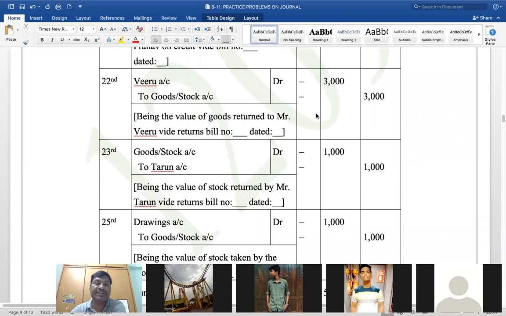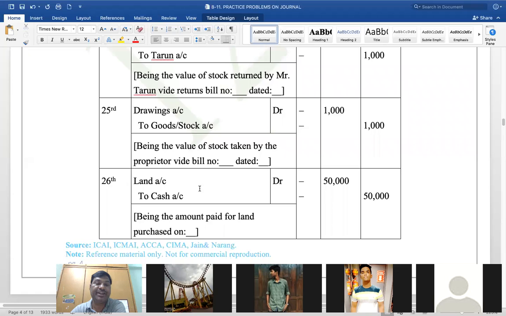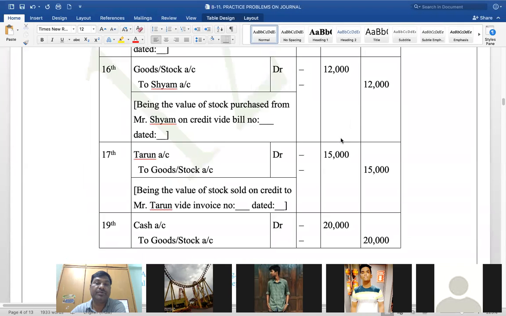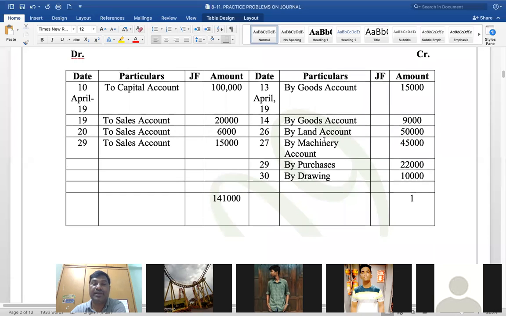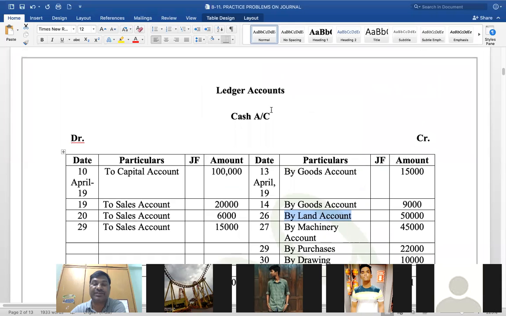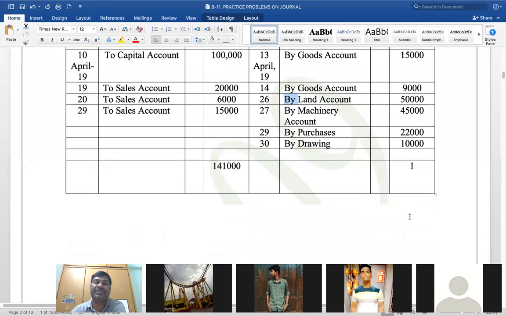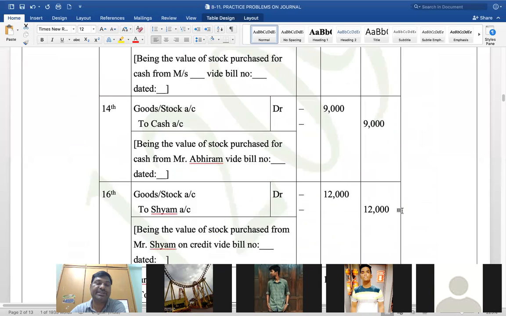Let's come back to the ledger. 26th. Land account debit to cash account. Cash account is credited with land. When it is credited, we write a prefix 'by'. 50,000.